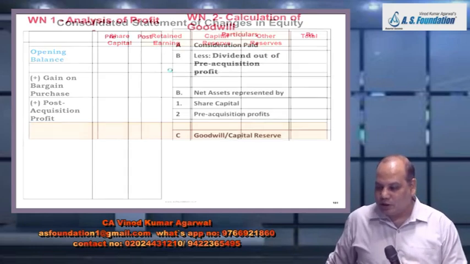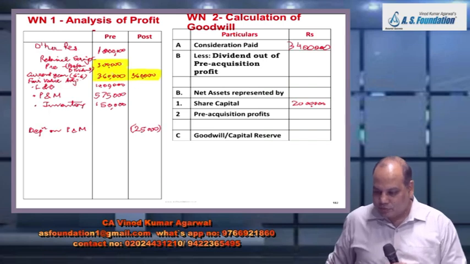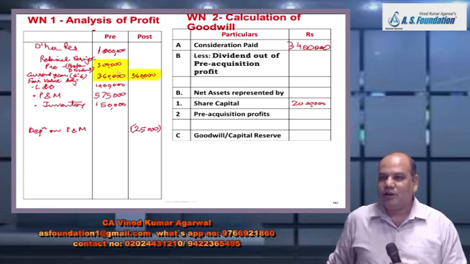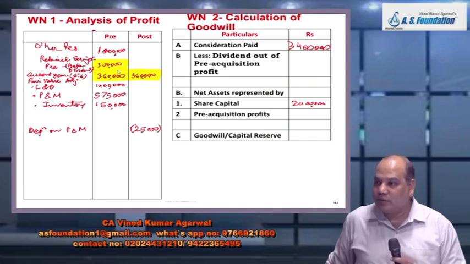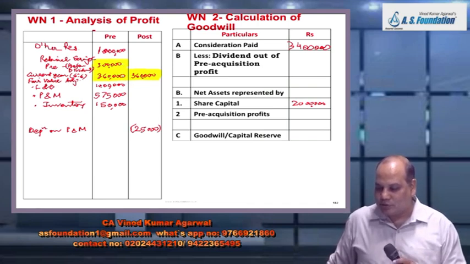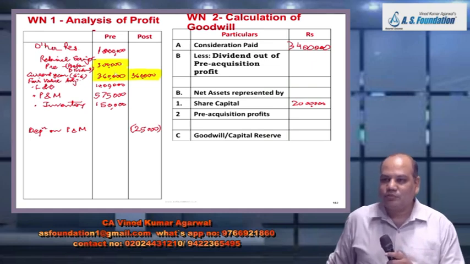How will the effect get nullified? Understand. Since I have written 2 lakh rupees dividend here, dividend is an uneven item. So the total profit of the company, last year plus current year, is 10,20,000. And if I pay dividend 2 lakh, to whom will it go?